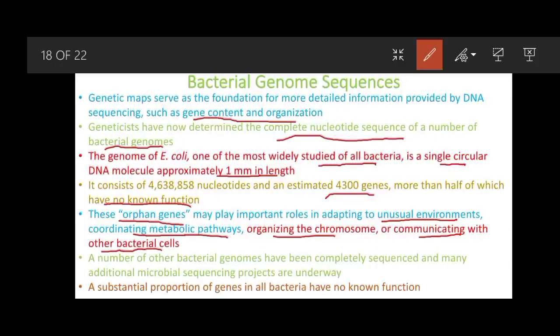A number of other bacterial genomes have also been completely sequenced, and many additional microbial sequencing projects are underway. So a substantial proportion of genes in all bacteria have no known function until now.